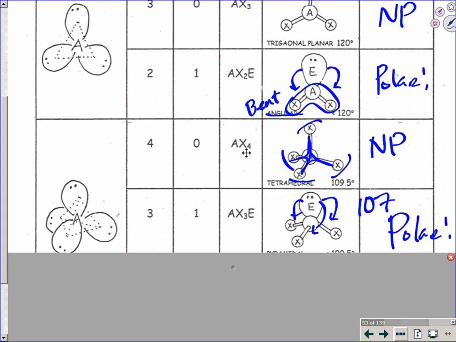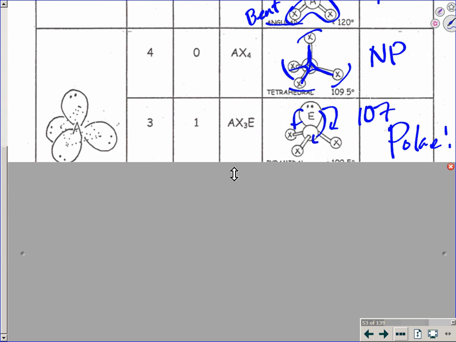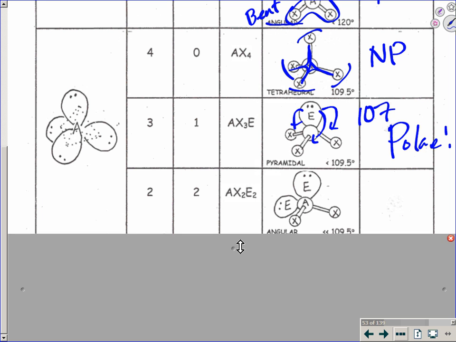Okay, keep moving. Drop off another ligand, give yourself a lone pair. What is your shape? Your shape is what? Bent, okay? And a real life example of this one would be what? H2O, right? Water's got 2 ligands and 2 lone pairs, and so we already know that is definitely not going to be canceling each other out, because the bent shape here has 2 lone pairs on the, let's say, back side.